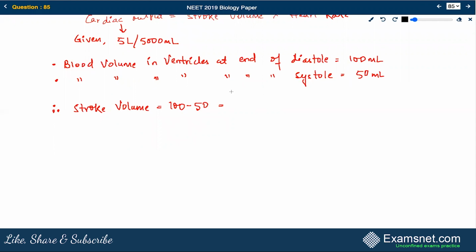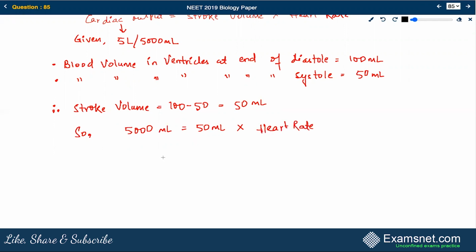So that is called stroke volume. All right. So this is going to be 50 milliliter. So we have found out our stroke volume. So if we just put it in the formula, then 5000 ml is equal to 50 ml into heart rate. This is the formula.